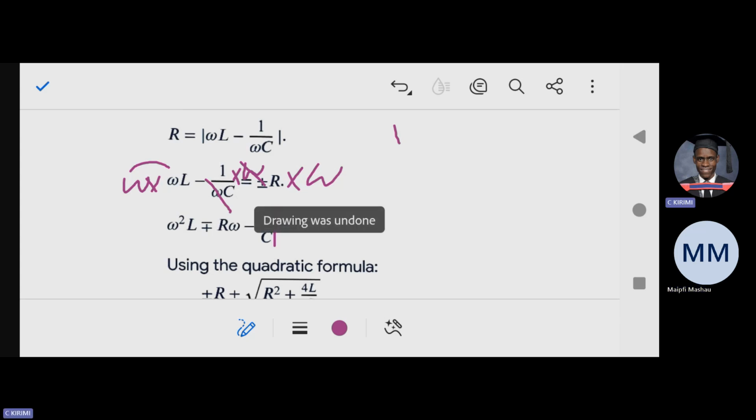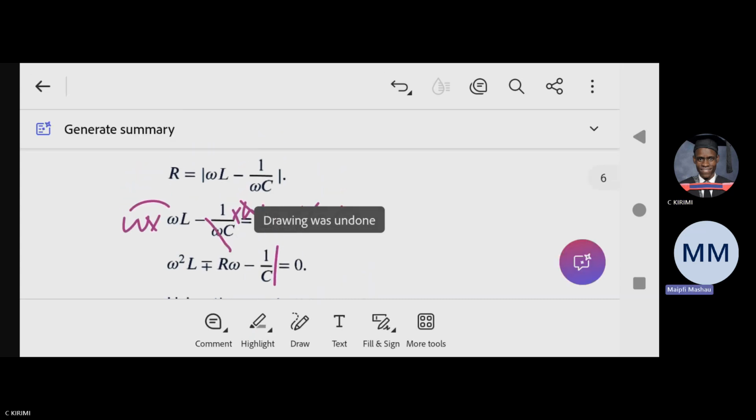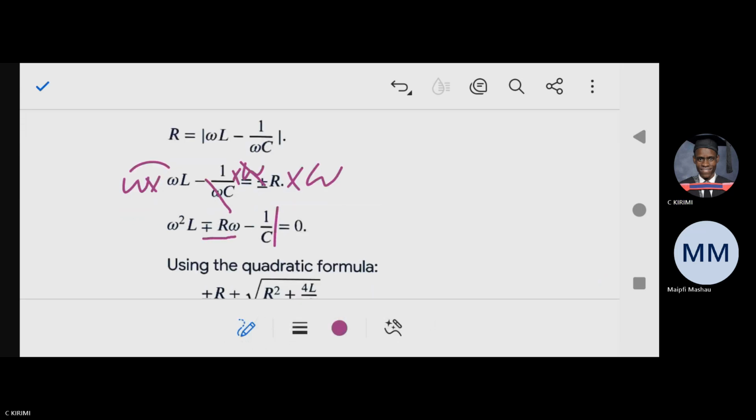Then plus or minus r multiplied by omega, what do you get? RW, which is this one. So when you change the position of RW, also yes, the sign changes. It was plus minus r on the right, isn't it? So here, when it comes this side, the plus becomes the what? The minus. Then the minus, which is on the bottom, becomes the plus.